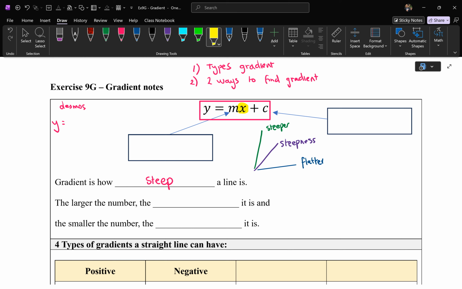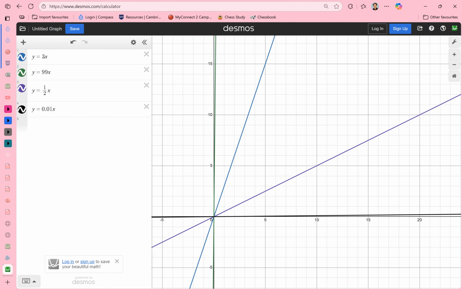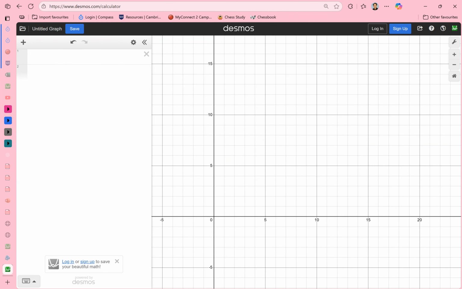I'll show you. I go to Desmos, and I just delete all these. If you type in y, then the equals button, and you just put a letter x in it, just one x, you get a straight line. That's what a general straight line will look like, right? And it doesn't matter what number you put into it now. You can put fractions.